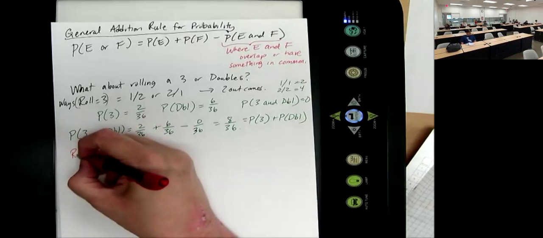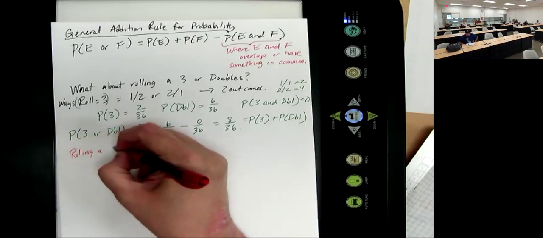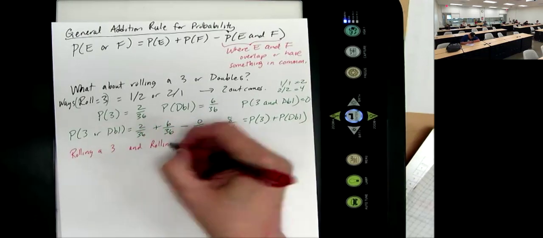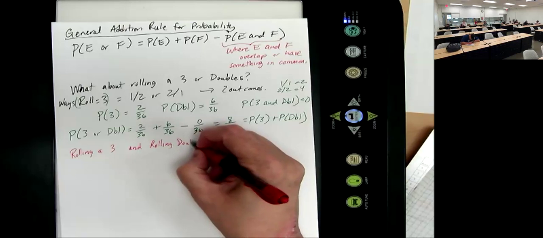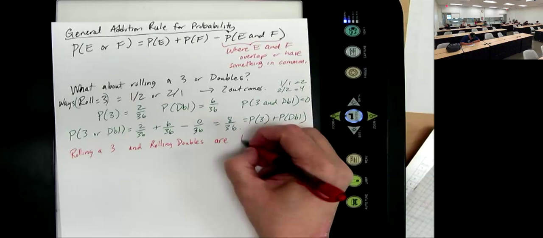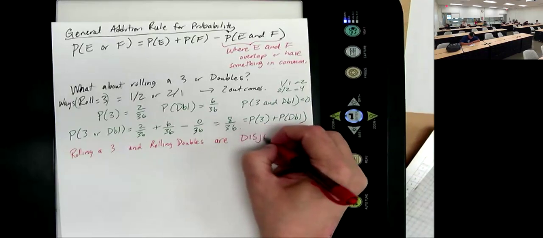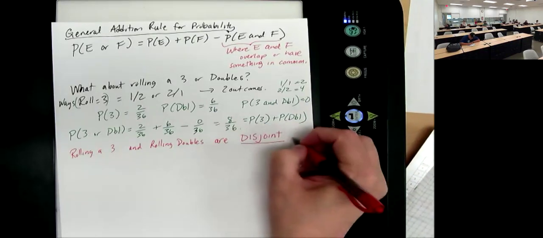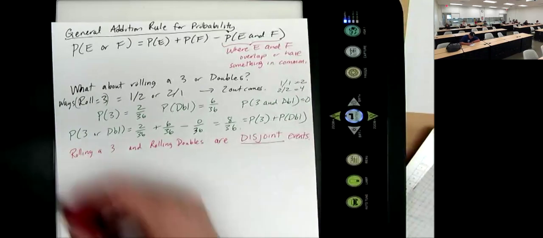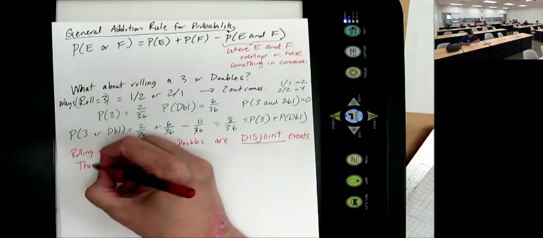So rolling a 3 and rolling doubles, it's called disjoint events. They have nothing in common.